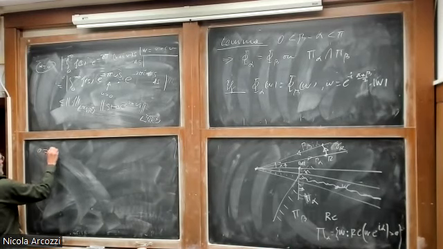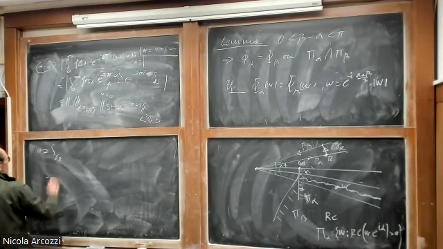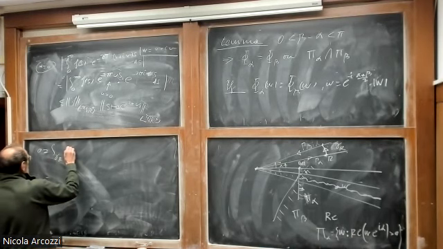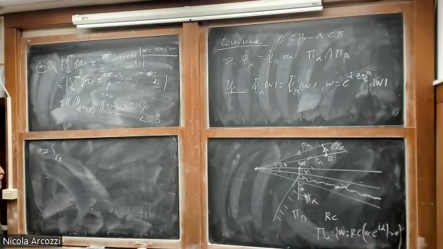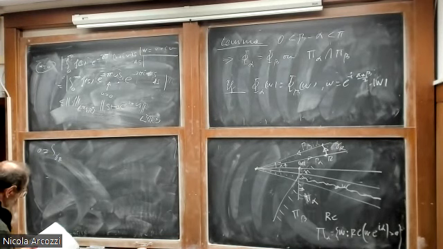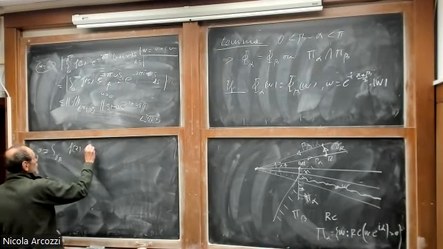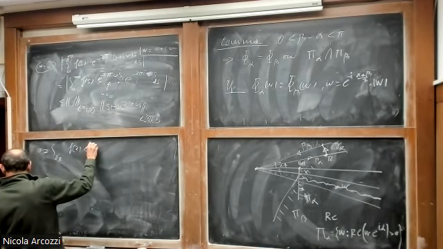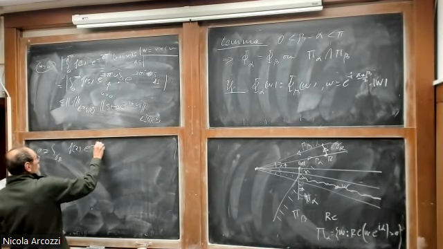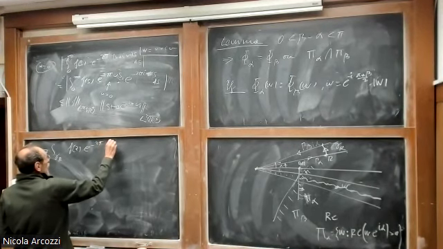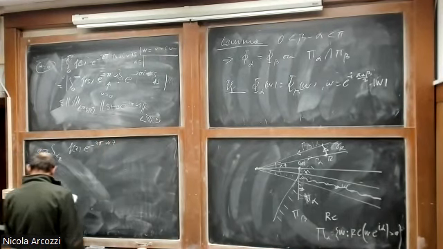So 0 is equal to the integral over lambda R of the holomorphic function, which is f of z, and e to the minus 2 pi w z.